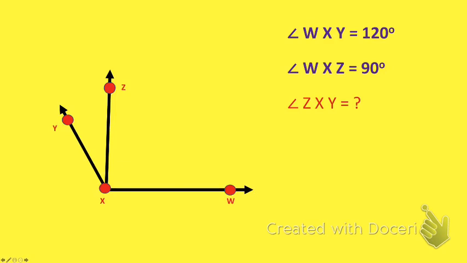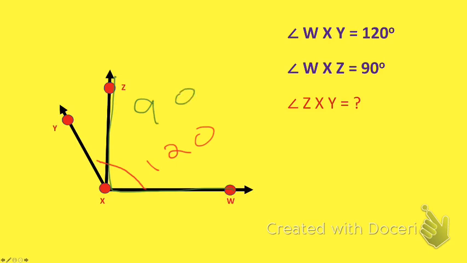Now, here's an angle, WXY. WXY goes all the way from here to there. We know that WXY is 90 degrees. Oh, no, it's not. WXY is 120 degrees. We know that WXZ right there is a 90-degree angle.